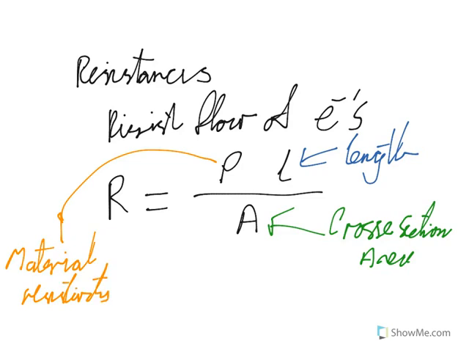Alright, so things like copper and gold have a low resistivity, and other metals and other things, glass for example, has a very high resistivity. Alright, so that's all you really need to know about resistances. It depends on the length, cross-sectional area, and the material.